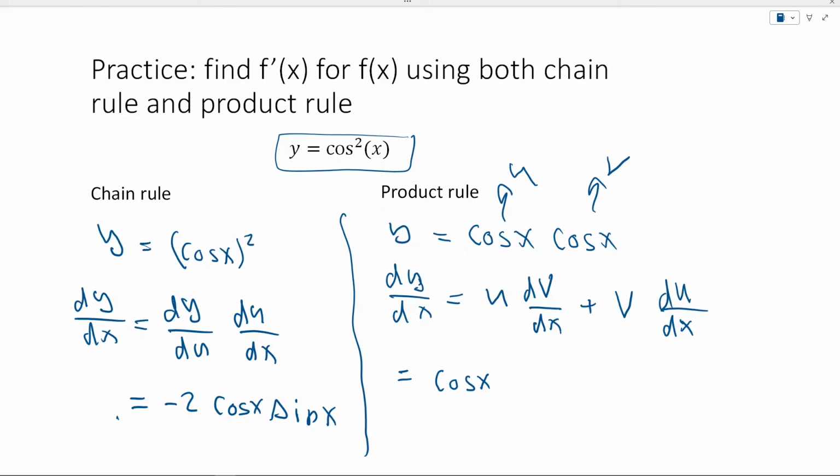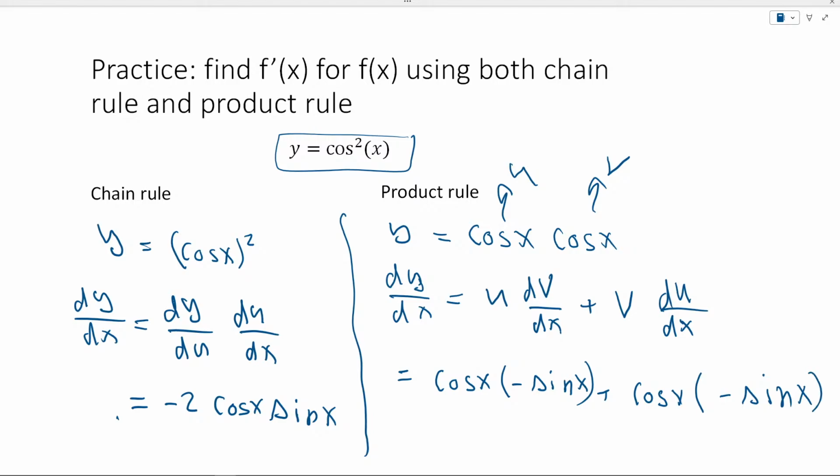Yeah, that's the rule. So here, I use u as cosine x, and dv over dx will give us negative sine x, plus my v, which is cosine x, multiplied by du over dx, which is negative sine x.